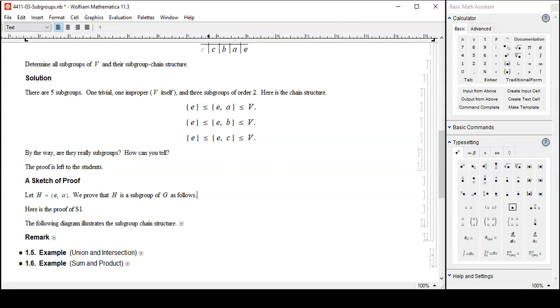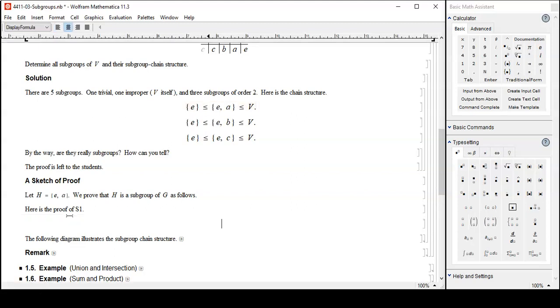So we'll prove H is a subgroup of G as follows. Proof of S1. What do you have to prove? We have to prove that the algebraic operation star is well defined inside this H. Okay, what kind of computation can I think of? e star e is e, and okay, that's in H, no problem there. And e star a, which is equal to a star e, and that's a, and that's in H.